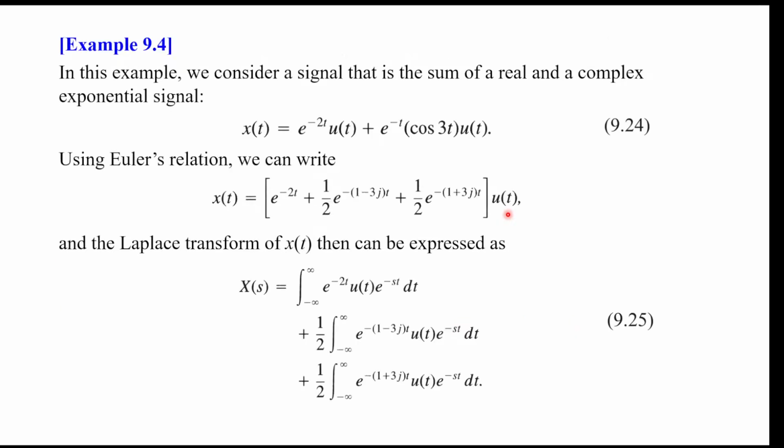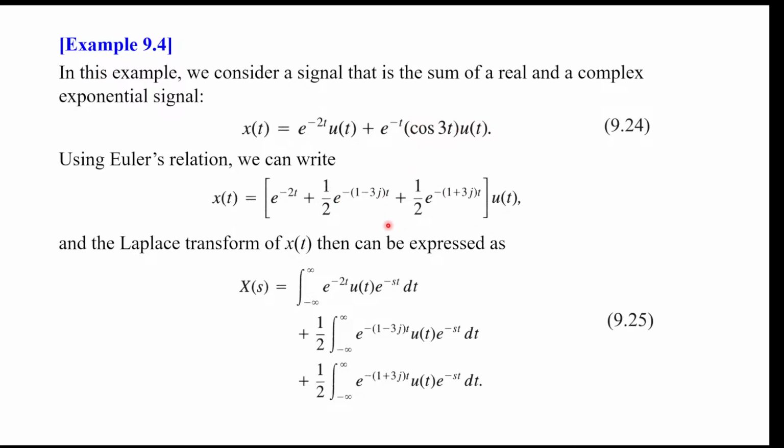Yeah, and similarly we can have another example. So x of t is e to the minus t cosine 3t u of t, a more complicated function. But we can just break cosine into a linear combination of complex exponentials.